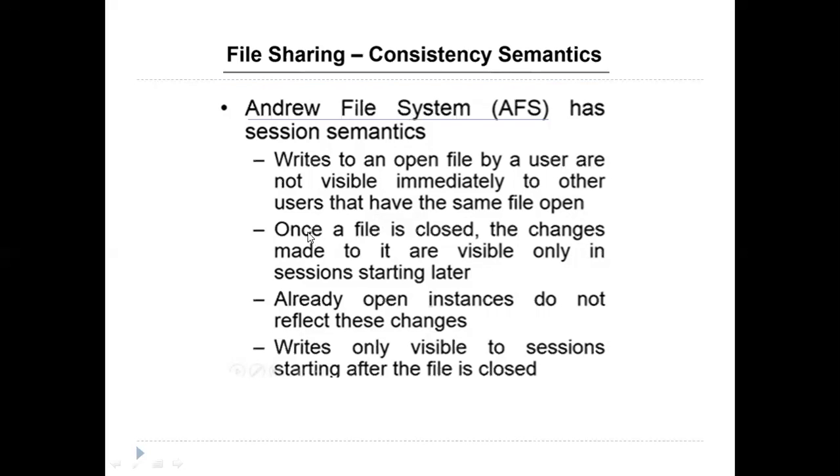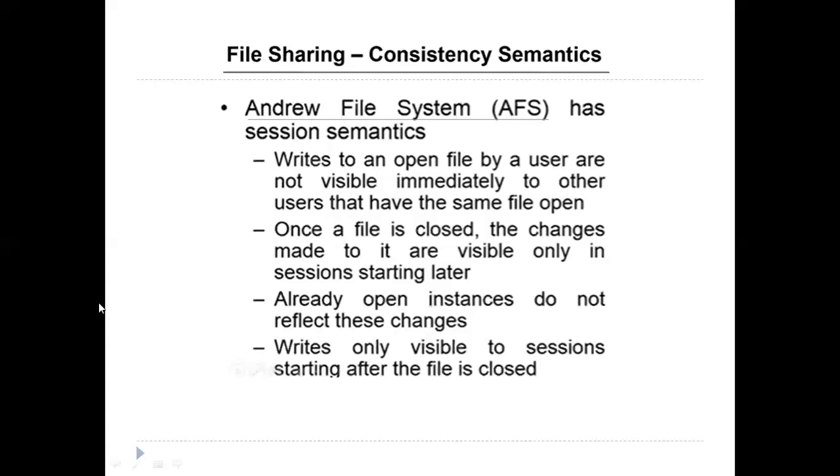Now I'm writing. Once a file is closed, the changes made to it are visible only in sessions started later. So when I make the change, those 5 people who have the same file open will not see the change, only when they close and reopen the file. The 6th person, when he opens the file newly, will see the new changes.